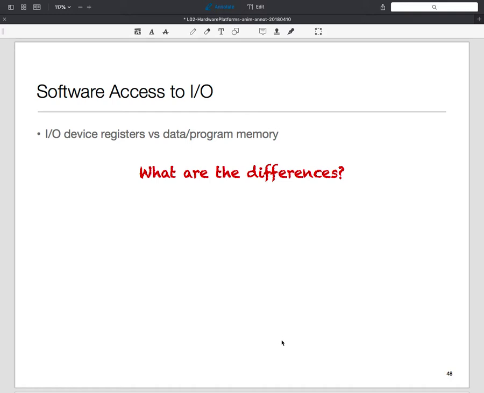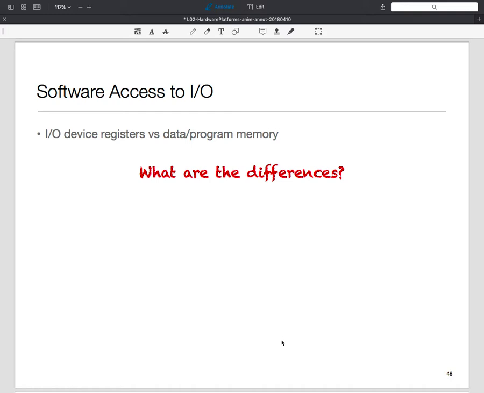But a key one is the following: in many cases we are dealing with effects which are eventually on the physical world. Once I do something to the physical world, I can't take it back. Likewise, when I write to the physical world, when I want the device to do something like send a packet, I truly mean send the packet now. Whereas with data memory, I can write to it and it may just sit in the cache, and later the hardware may lazily decide to write it.